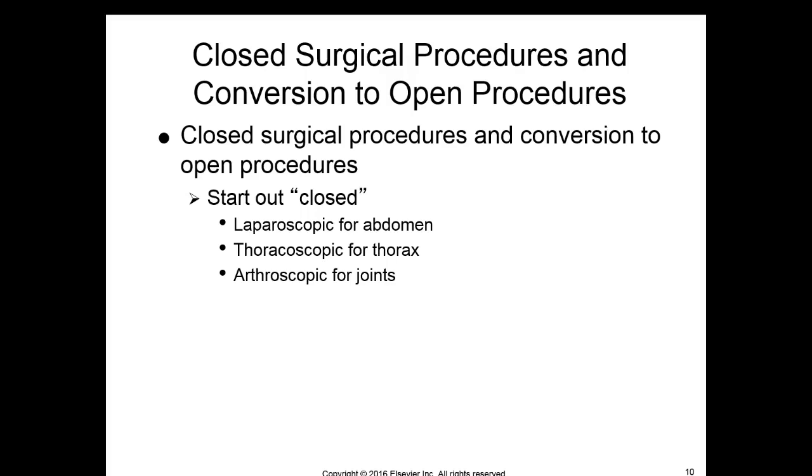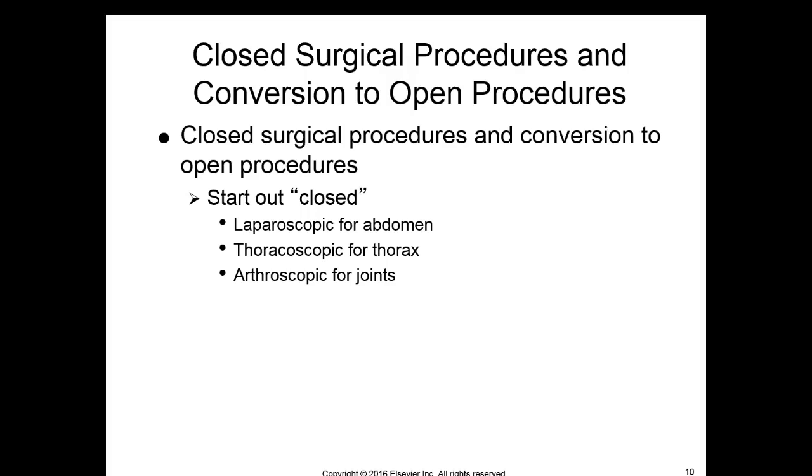What this actually means is that if a procedure starts out as closed, they are not making a significant incision in the skin, the subcutaneous tissue, the fascia, the peritoneum, or the muscle of the patient. They are using instrumentation through very small incisions to accomplish the procedure.